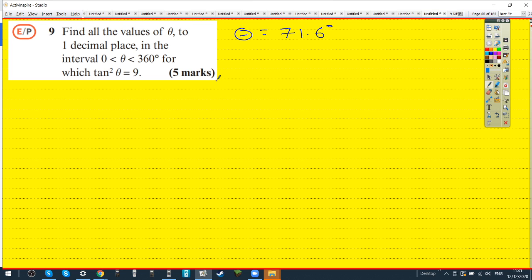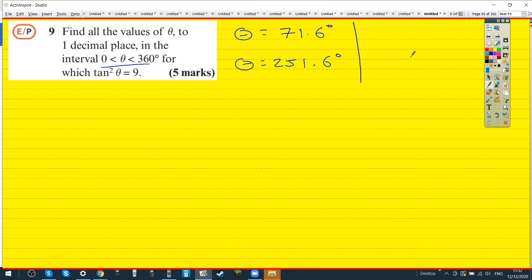Minus 71.6. No, that's for sine. Plus, yep, 71.6 plus 180, which gives you 251.6. So they're both between 0 and 360.